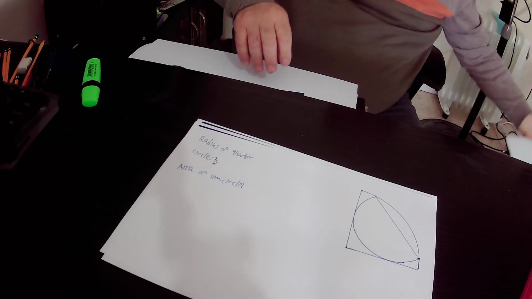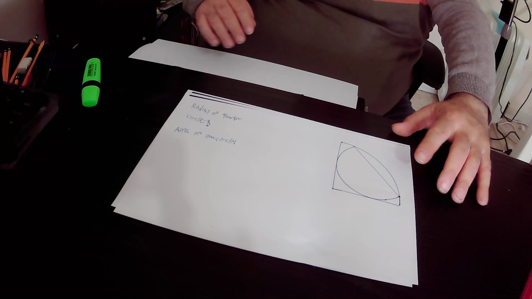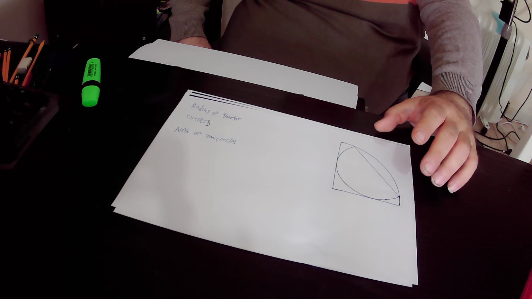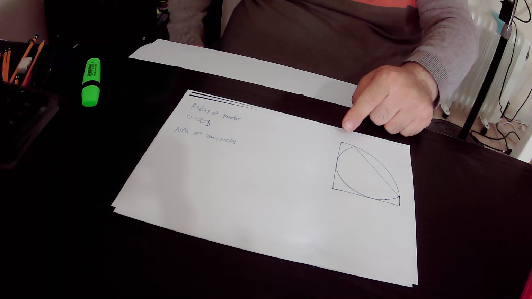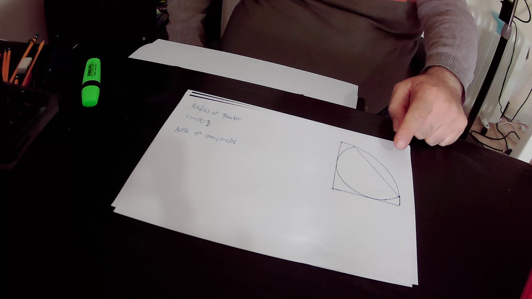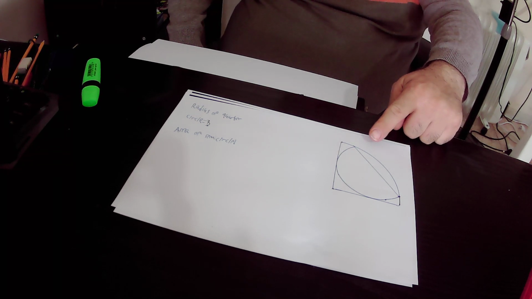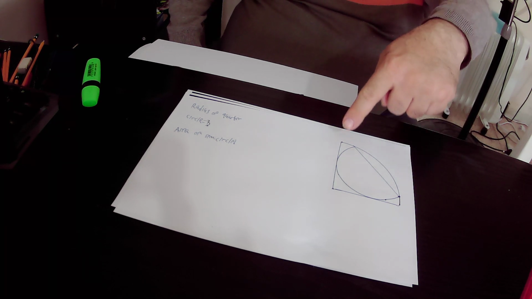In the drawing, we have a semicircle that is inscribed by this quarter circle. We know that the radius of this semicircle is equal to 3 units, and we want to find out the area of this semicircle that is inscribed by the quarter circle.